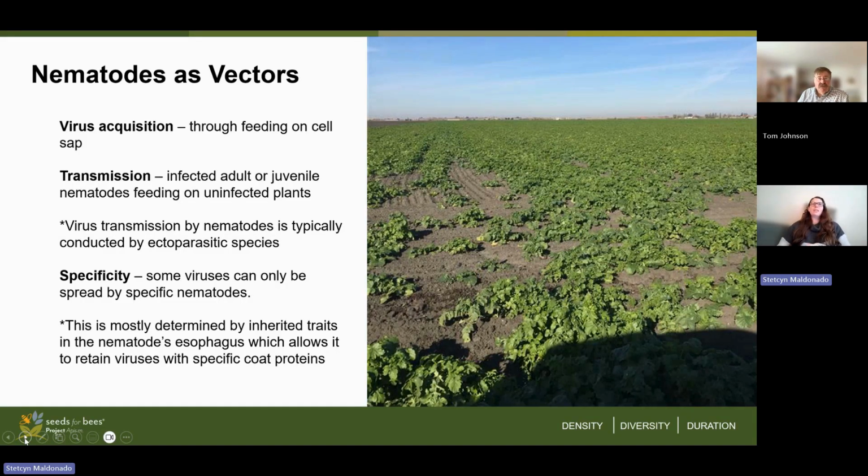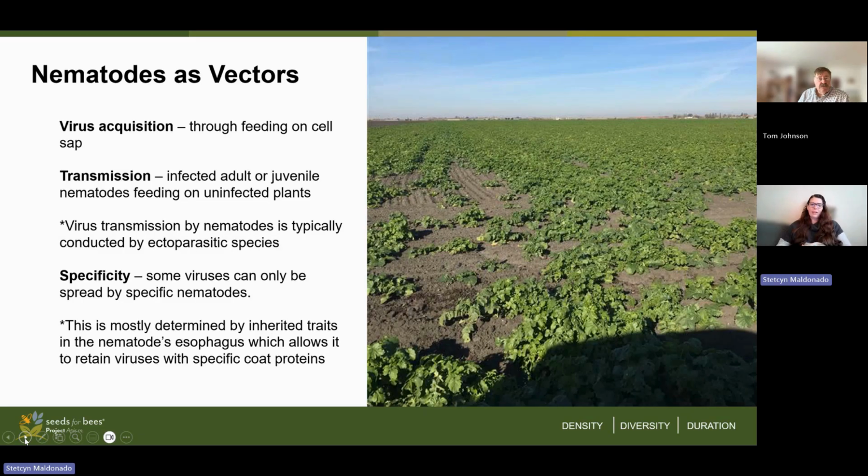Specificities. Some nematodes will only spread certain viruses. There's a bit of a relationship between the two. So this is mostly determined by an inherited trait. There are some nematodes that have, I guess you could kind of describe them as a lock and key system. It just happens this way.